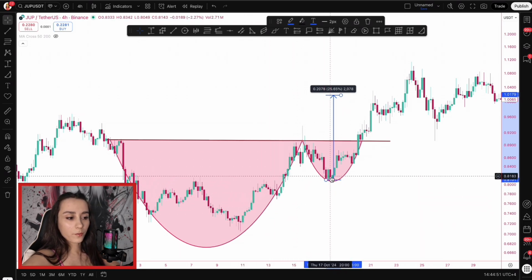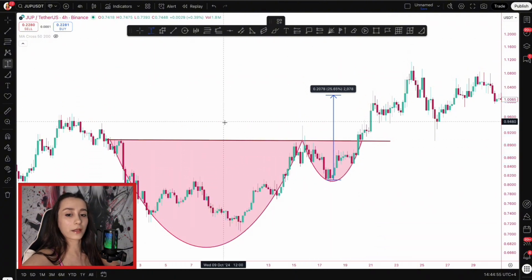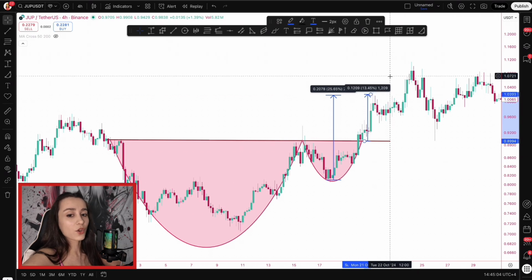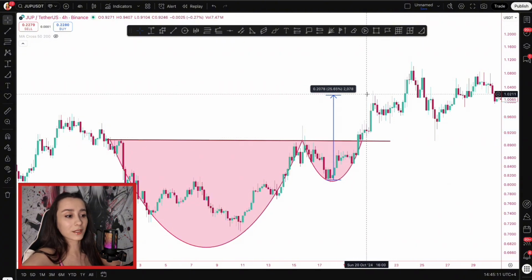So if you make a long position over here, you can earn 25%. But if you wanna make sure, you can wait for the breakout, and after the retest, you can open a position, 13% with leverage, long. But if you're entering over here, I suggest spot trading, because it's just 25%. Even with spot, it's a huge profit, as you know.